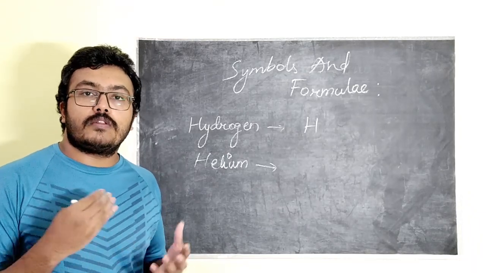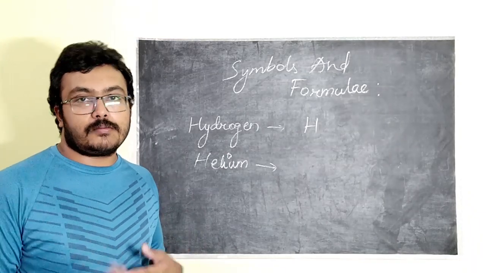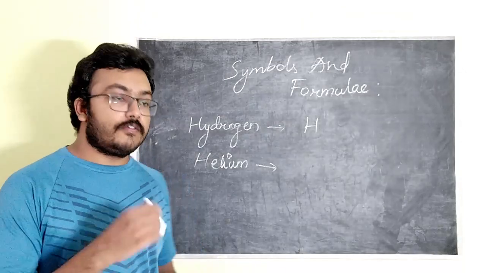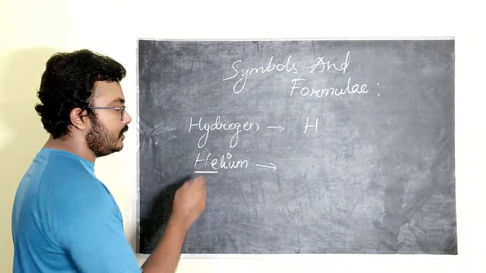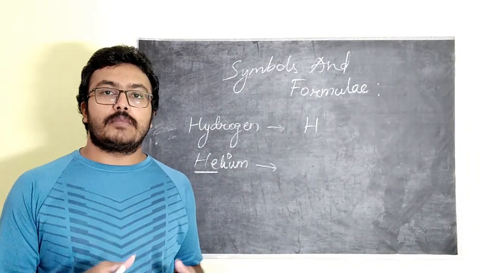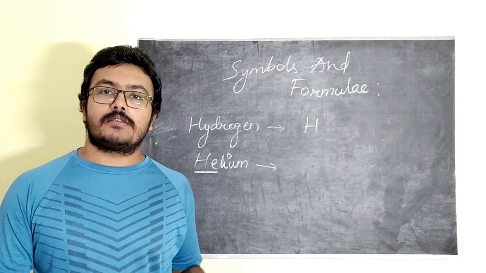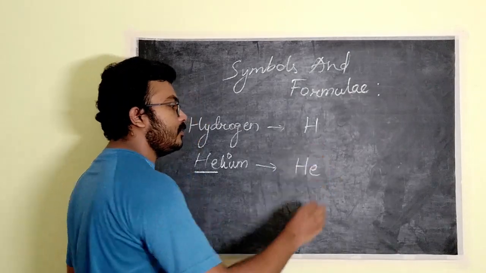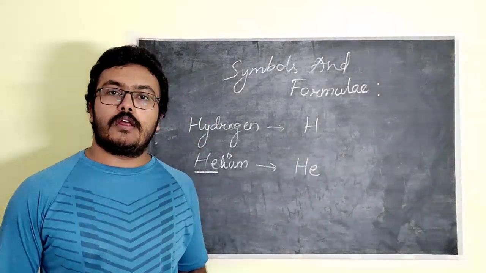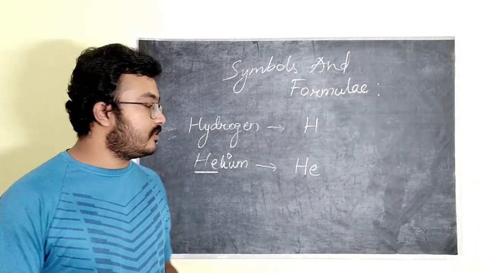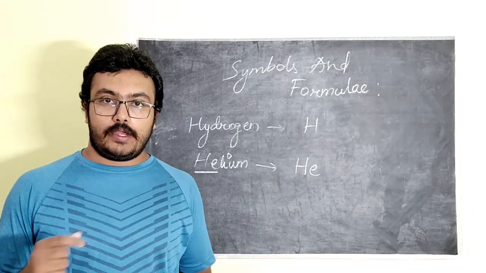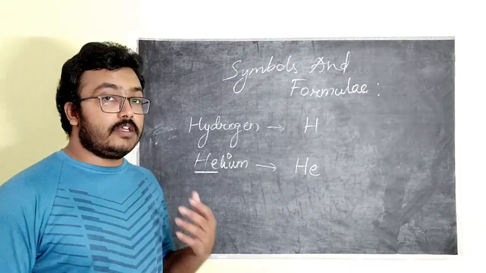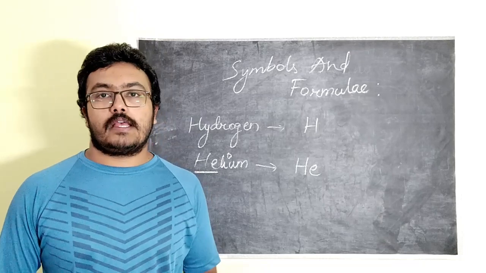So in order to solve this mystery, scientists came across a method in which the first two letters of the element can be represented as a symbol of the element. So He was the symbol given to represent helium.